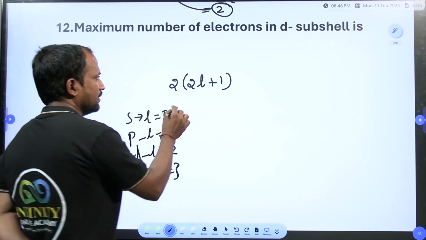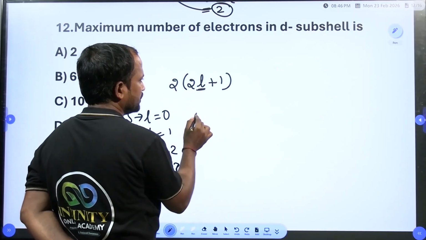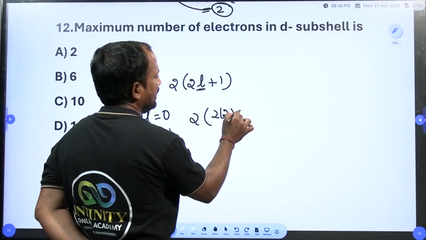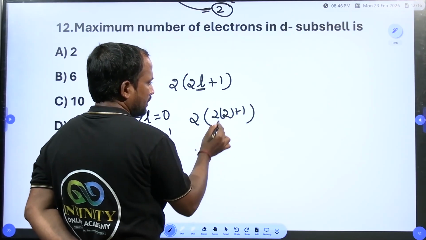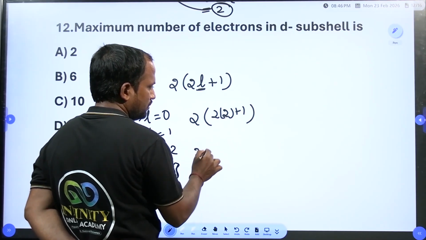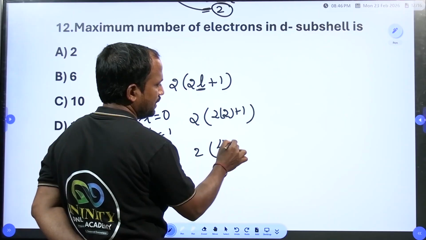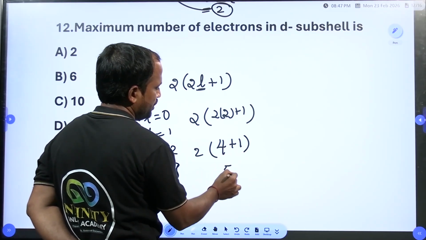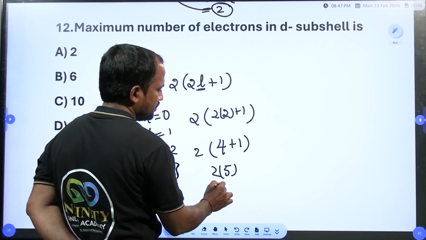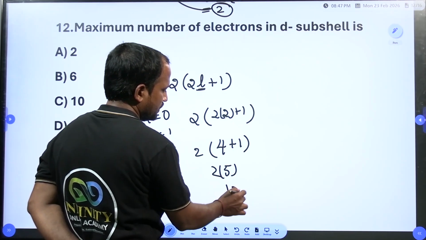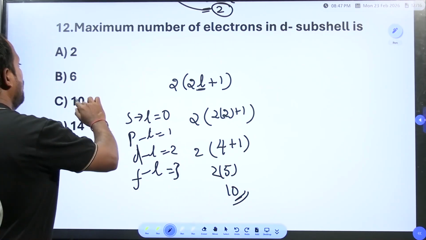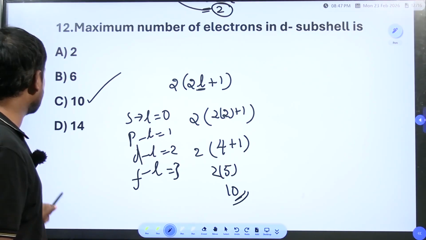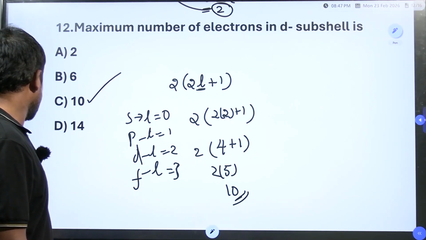So we take the l value 2: 2 into (2 twos are 4, plus 1), 4 plus 1 is 5. 2 into 5, 2 fives are 10. How many electrons does the d subshell hold? 10 electrons. It can give space for 10 electrons. So next question.